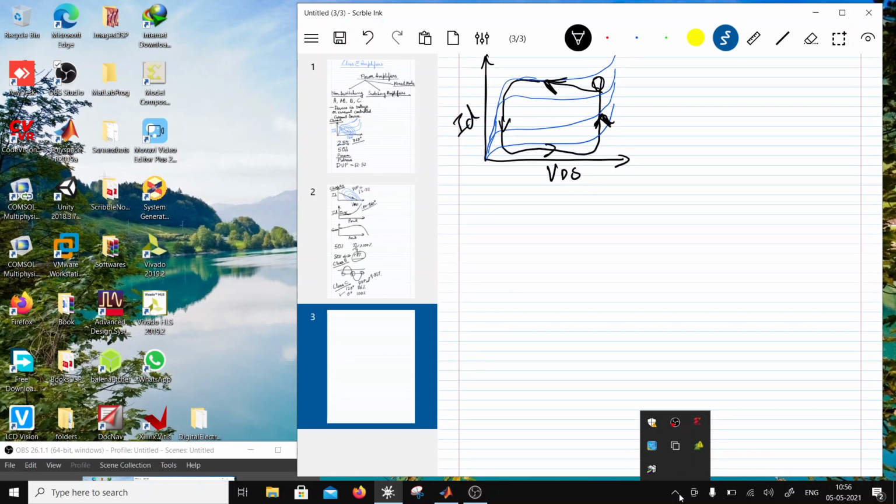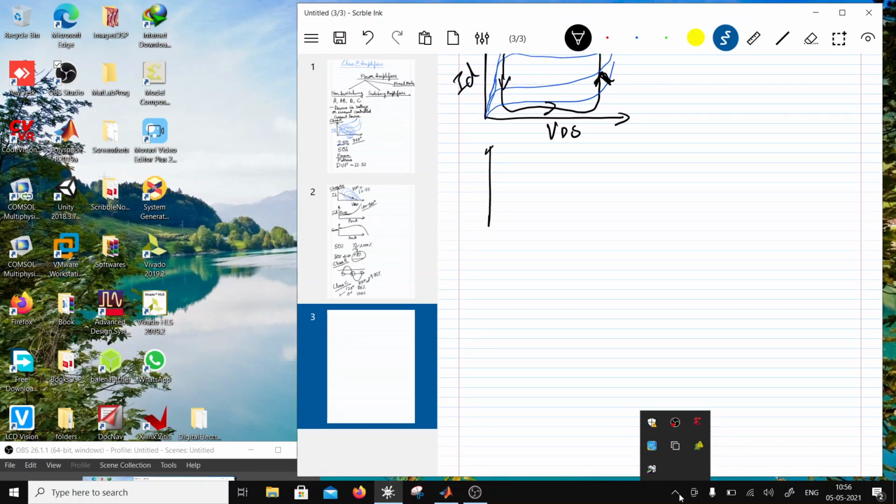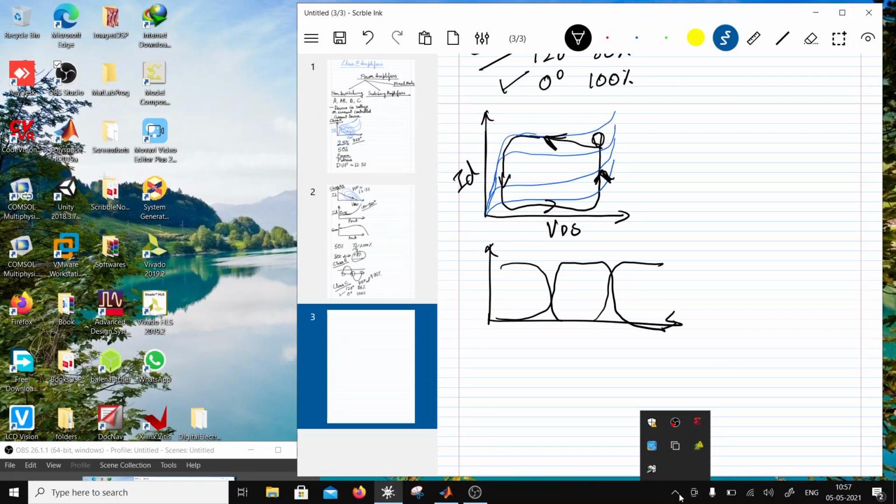And if you draw this in time domain, you are going to have a voltage waveform something like this, then you're going to have current waveforms like this. So basically you have flattened the waveforms, right? So most of the dissipation is coming in this region or this region where we are traversing these portions.